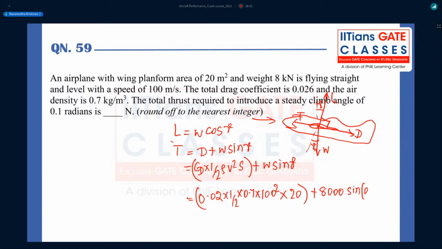Gamma is in radian. If I have to convert into degree, I can multiply it by 180 by pi. Then solve this. Otherwise, we can use the calculator in radian mode and put sine 0.1 itself. If the calculator is in degree mode, we can use degree itself.